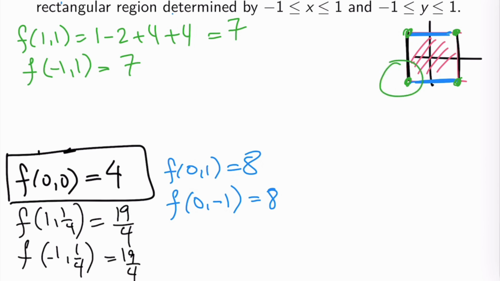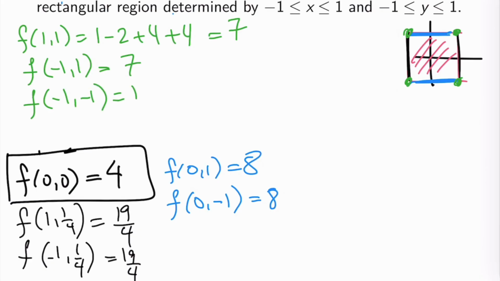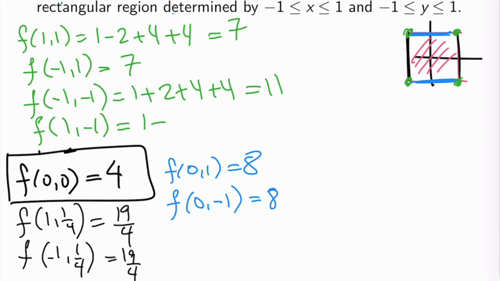And then this one here will be f of (-1, -1). So we obtain here 1 plus 2 plus 4 plus 4, which is 11. And the last one will be f of (1, -1). So that will be 1 plus 2 plus 4 plus 4, 11 again. So this is the list of all our values.